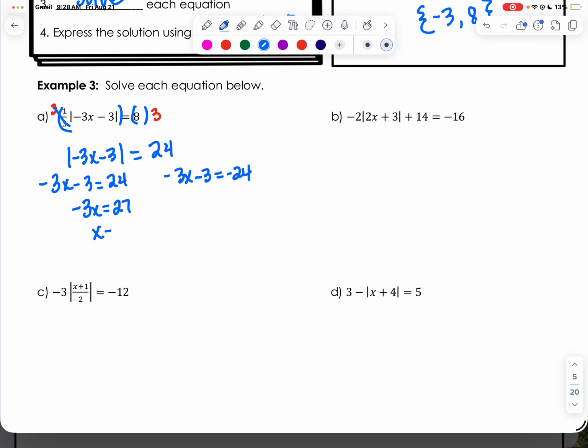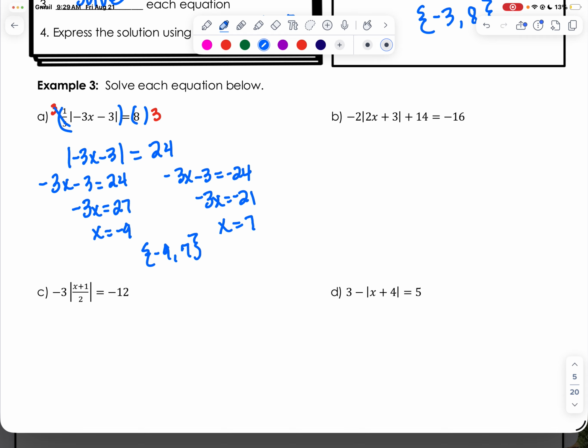Divide by negative 3 to get negative 9. On the other side, add 3 to get negative 24 plus 3, that'd be negative 21. Divide to get positive 7. So my solutions are negative 9, positive 7.